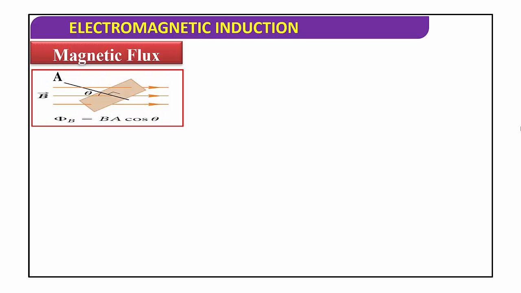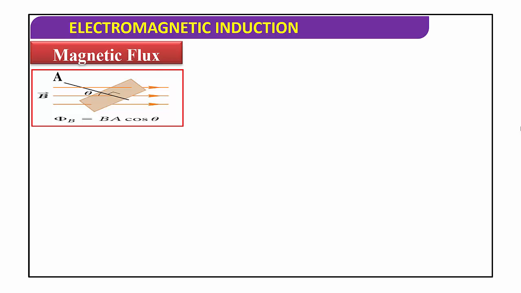Now, we are going to take magnetic field lines. Here you can observe this picture. Vector B indicates the magnetic field. What is B here? Magnetic field lines or magnetic lines of force. Magnetic flux is denoted by phi B. If it is phi E, then it indicates electric flux.